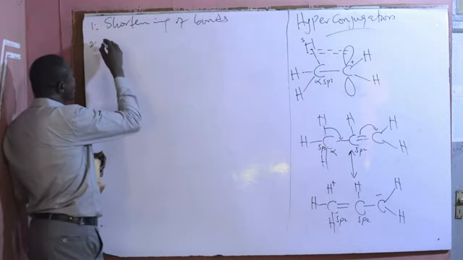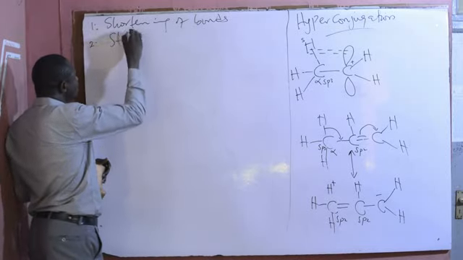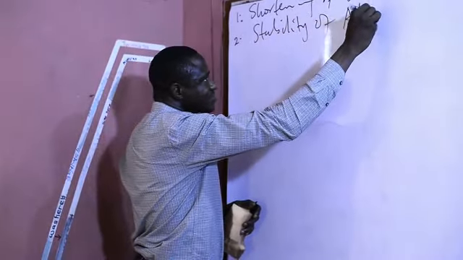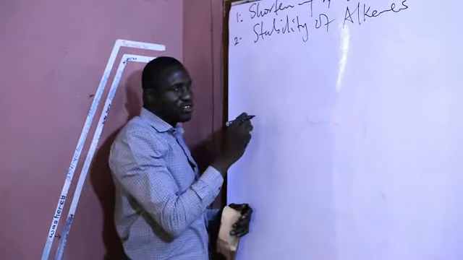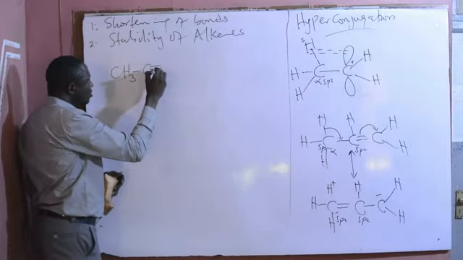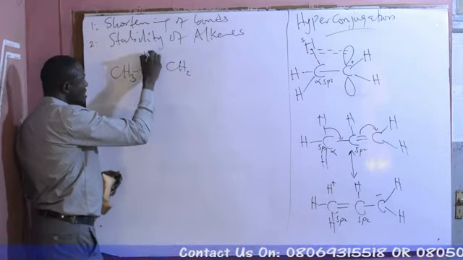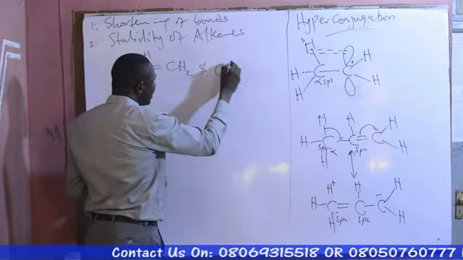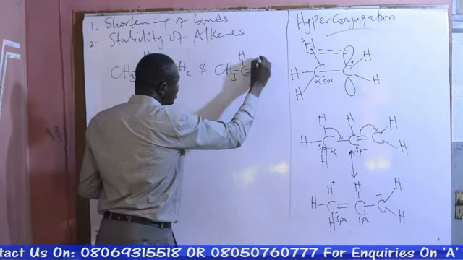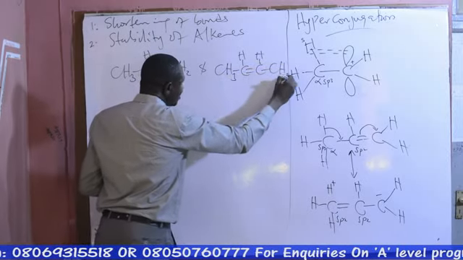The other effect is it can be used to account for the stability of alkenes. I want you to compare this: CH3, C double bond CH2, and CH3, CH double bond CH, CH3.